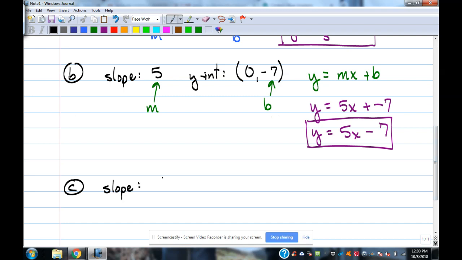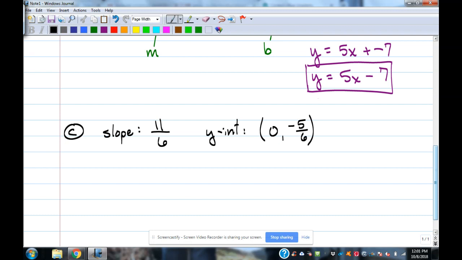Say we got a slope. Let's do one that's a little funky. 11/6, and then 0, -5/6. Well, what's m? 11 over 6. x.